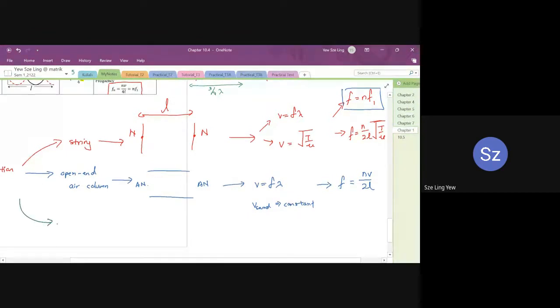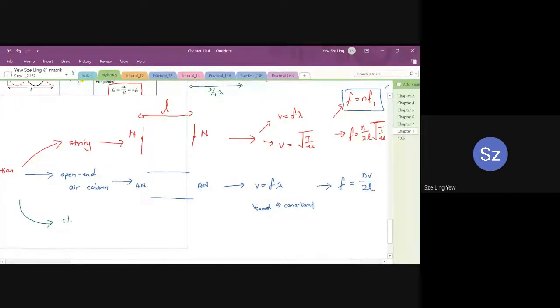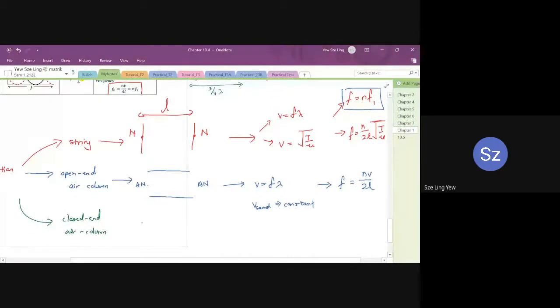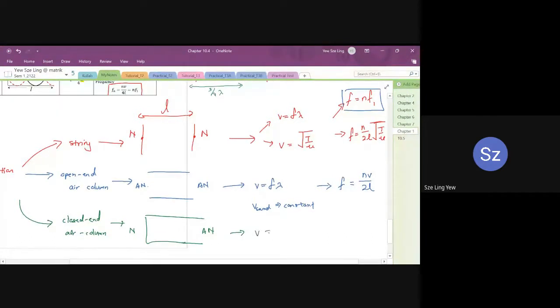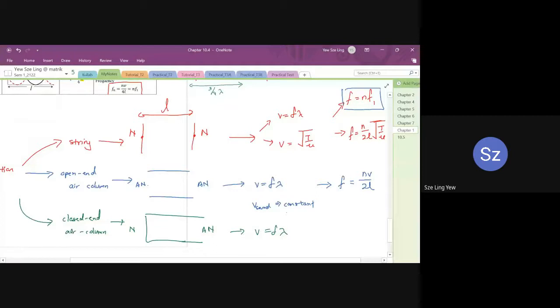And the third one that we look at today is the closed-end air column. The important thing about the closed-end air column is that now you have one node and one antinode. So for the three different applications, you have three different situations: antinode and antinode, node and node, node and antinode. Again, v is just equal to f lambda because v sound is constant, so we don't have a specific equation for the velocity in an air column.